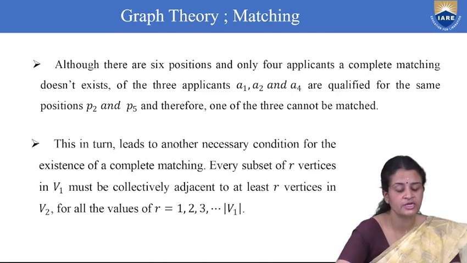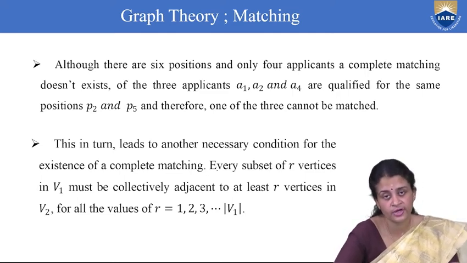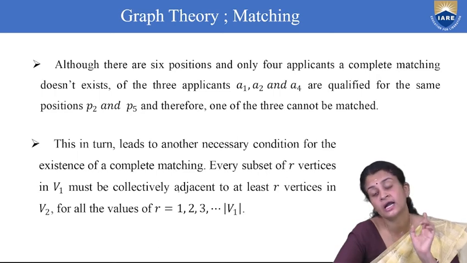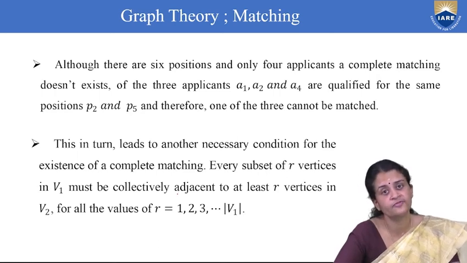This in turn leads to another necessary condition for the existence of a complete matching. Every subset of R vertices in V1 must be collectively adjacent to at least R vertices in V2, where the value of R varies from 1 to the maximum cardinality of V1. Here, the cardinality of V1 was 4 and the cardinality of R was 3. R can vary from 1 to the maximum cardinality.